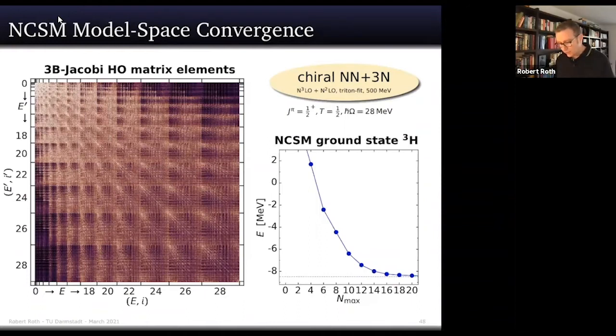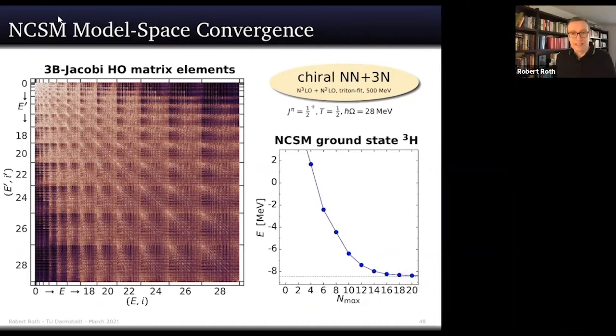And we saw that for the typical chiral 2+3 nucleon interaction, I get this kind of behavior, which tells me, okay, I have to go to pretty large Nmax, maybe something like 20, to get a stable ground state energy which doesn't change anymore if I go still bigger with my basis. And this is what I call convergence. So I get a converged answer in something like Nmax 20.